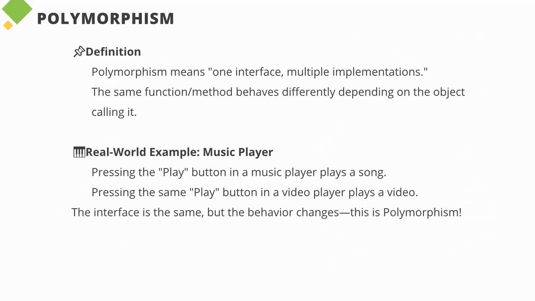Now you see polymorphism. Poly means many, like polymorphism, different types: one interface, multiple implementations. The same function or method will behave differently depending upon the parameters.